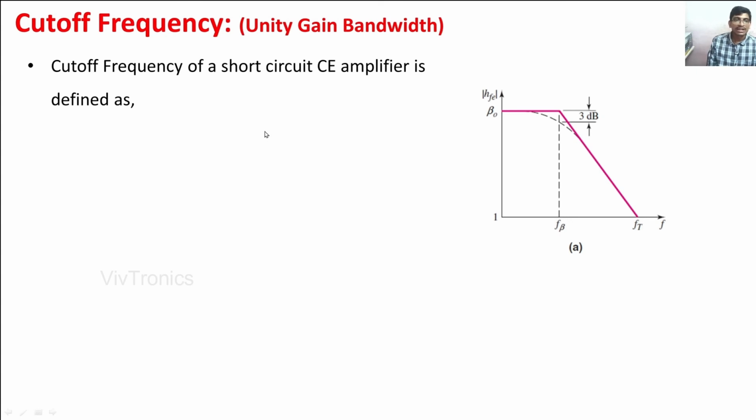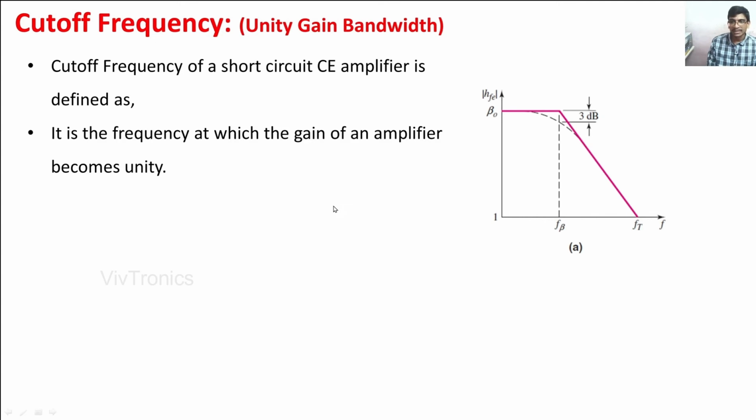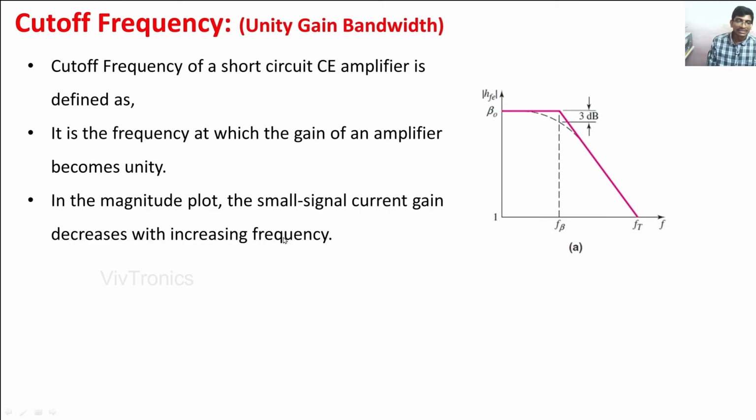The cutoff frequency of the short circuit current gain of a CE amplifier is the frequency at which the gain of the amplifier becomes unity, which means Ft is the frequency where the short circuit current gain HFE is equal to 1.